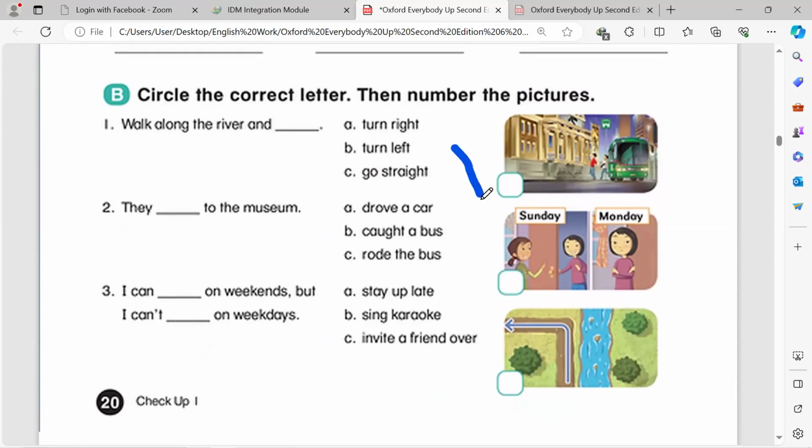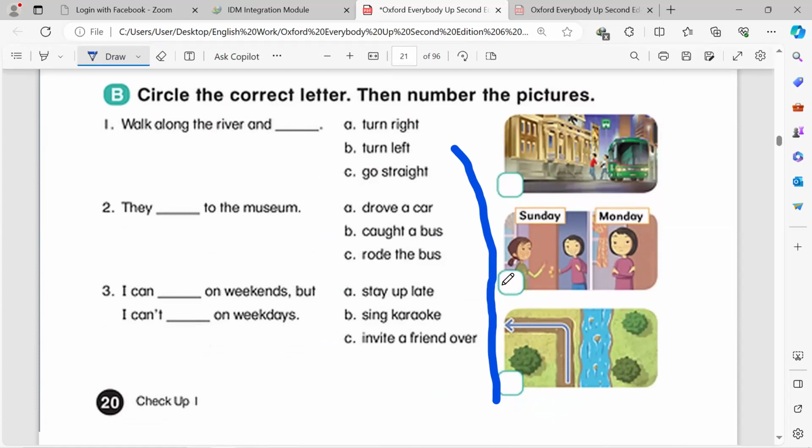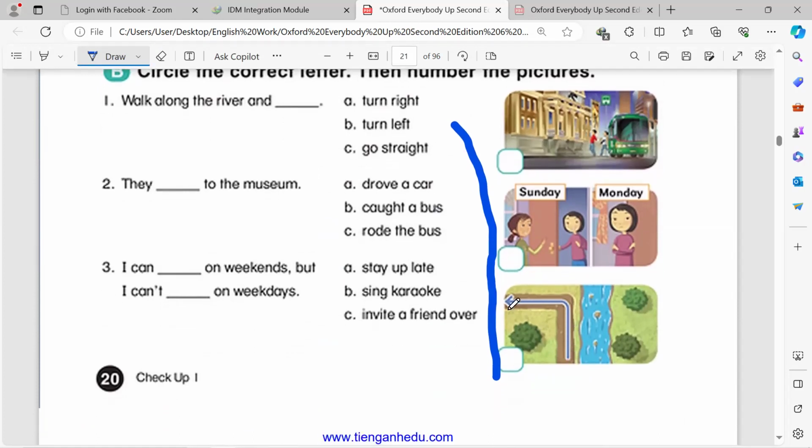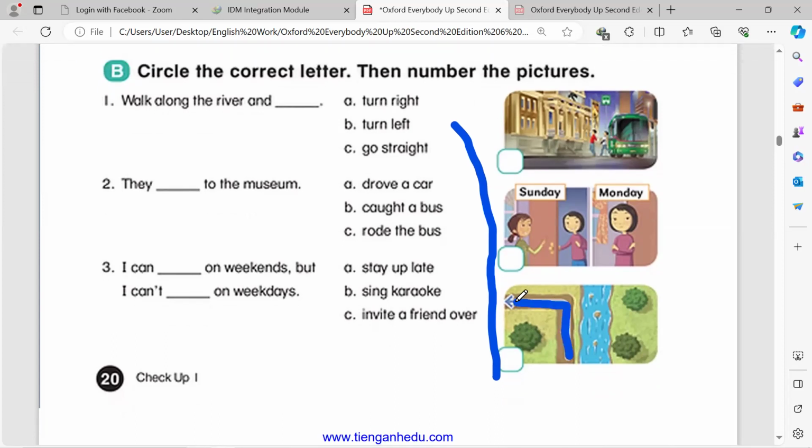By choosing the picture, no? You have to choose the correct word. Here, according to the picture, the third picture, walk along the river and what's the best answer? A, B, or C? How do you think about this one? Turn left. Okay, no?